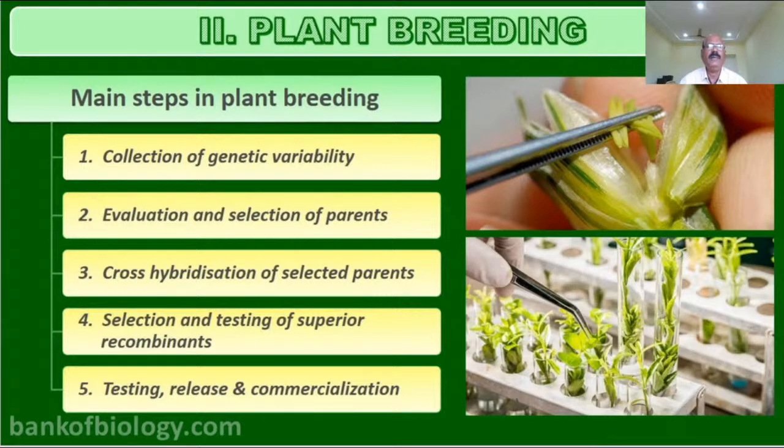Number two, evaluation and selection of parents. Number three, cross hybridization of selected parents. Number four, selection and testing of superior recombinants. Last one, testing, release, and commercialization.